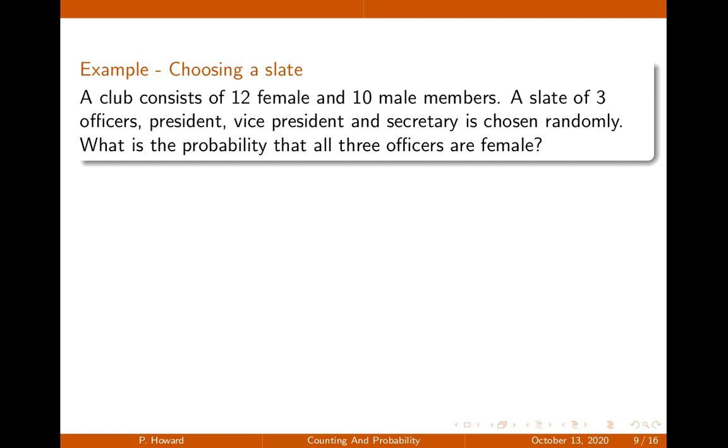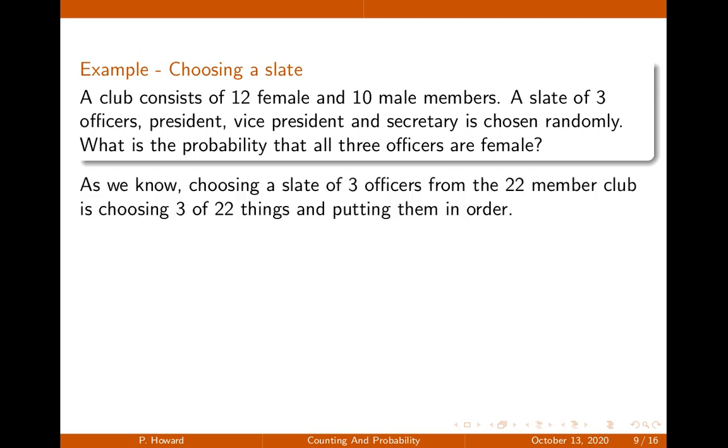And we want to know what is the probability that all 3 officers are female. So as we know, choosing a slate of 3 officers from the 22 club members is choosing 3 of 22 things and putting them in order. This is a permutation.